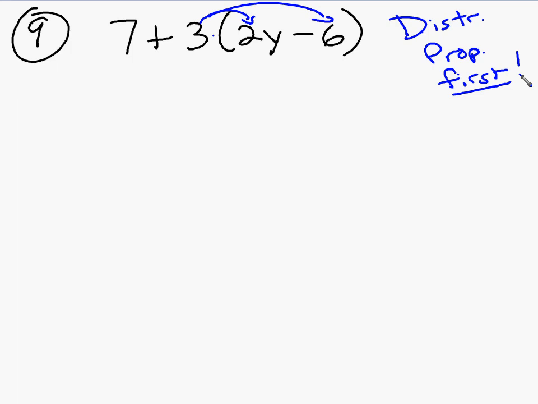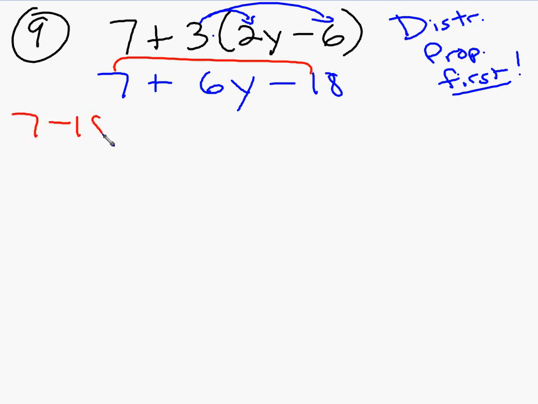So I do that, 3 times 2, it's going to be 6y minus 18. But I still have this 7 plus that. Can I combine like terms? What can I combine? I can combine these two terms.